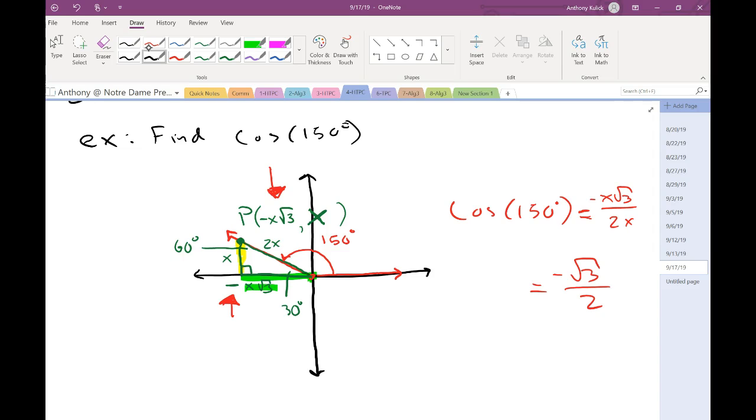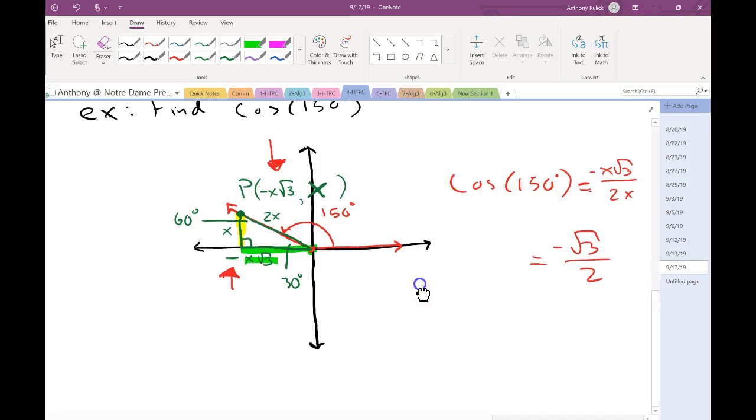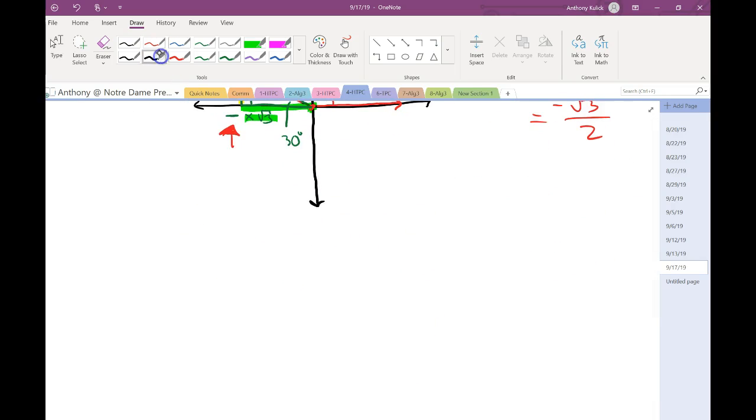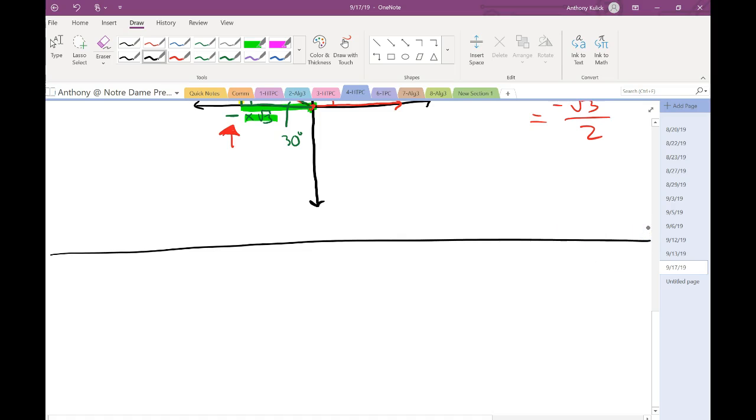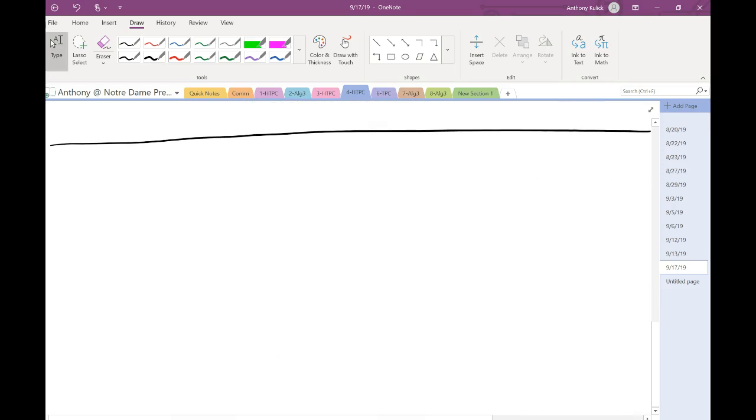Okay? So, as we saw today, and as we saw last time, it is possible to have values for sine, cosine, and tangent that turn out negative. We just saw a situation where we got a negative value for cosine. Under our right triangle definition for sine, cosine, and tangent, that was impossible.